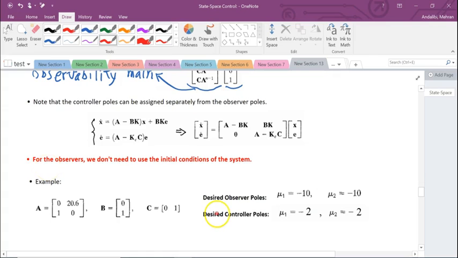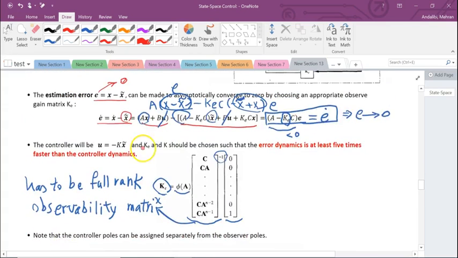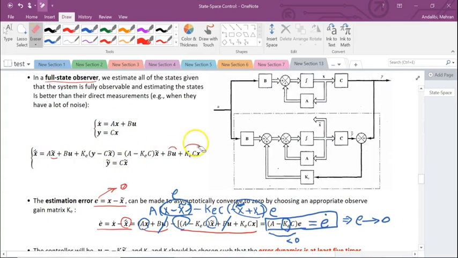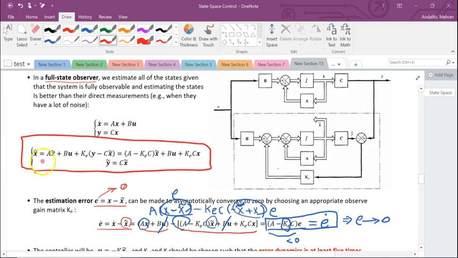And finally, when we find the observer gain, then we form our observer using these two equations. We form our observer, our computer simulation observer, using these two equations, because now I have KE, and A and B come from the system. And so we have to have accurate estimates of them.